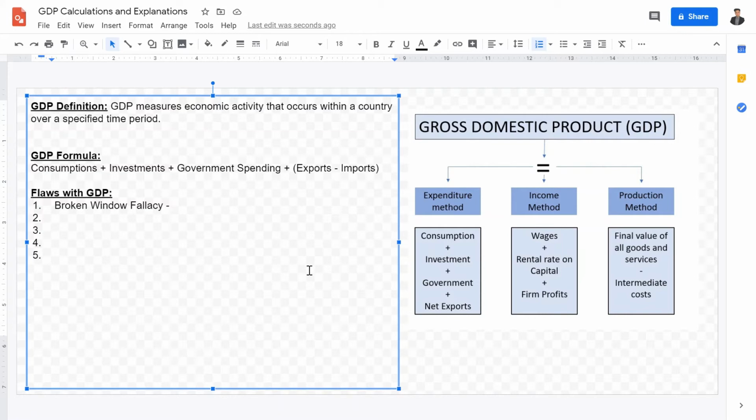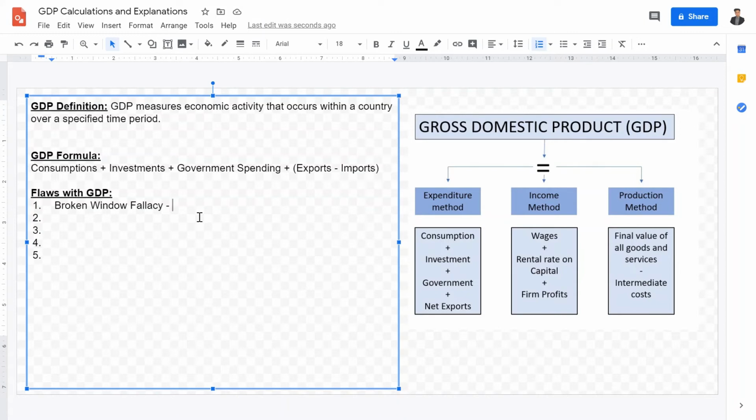For example, if a tornado happens in a certain country, after the aftermath of the tornado, local consumption increases because people have to rebuild their houses, fix their yards, replace broken property. Government spending also increases because governments need to use the National Guard, the military to relieve and minimize the damages of the tornado.